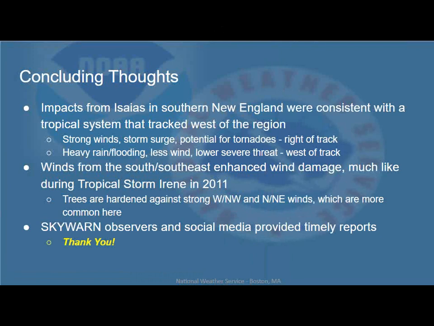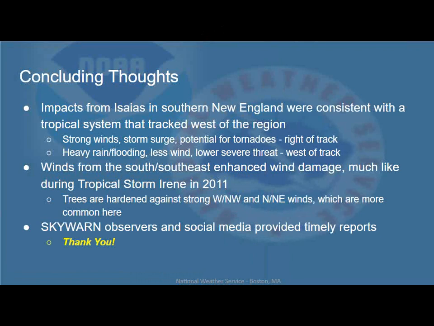So to summarize here, the system had impacts that were consistent with a tropical storm that tracked west of the region, which, if folks remember Irene, was similar to Irene in the sense that on the western side of the storm there was heavy rainfall, whereas on the east there were a lot more winds, and there is also usually the potential for tornadoes on the right side of the track.